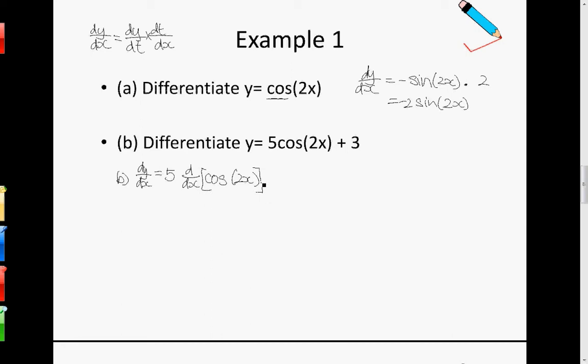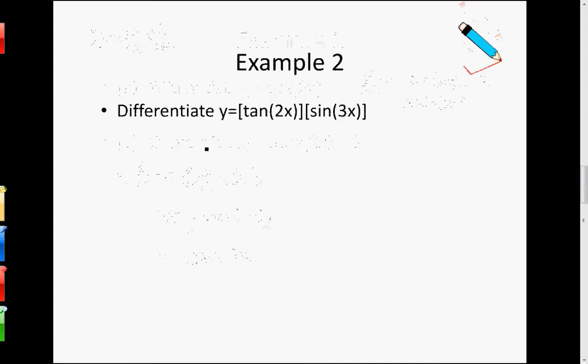So effectively I'm only doing this. So 5 d dx of cosine 2x we have over here is negative 2 sine 2x. Okay, so then we have negative 10 sine 2x. Okay, that's all.